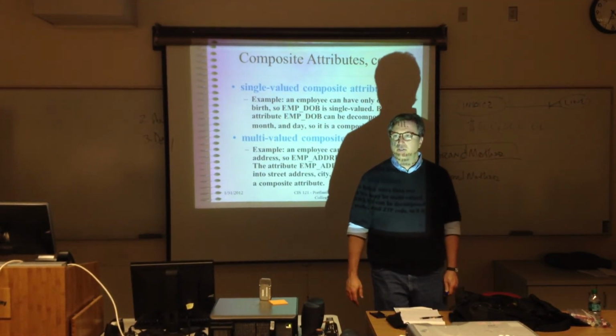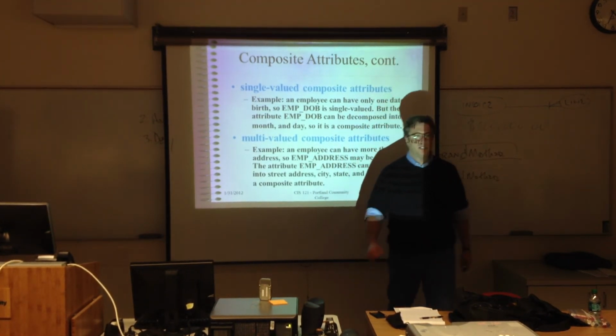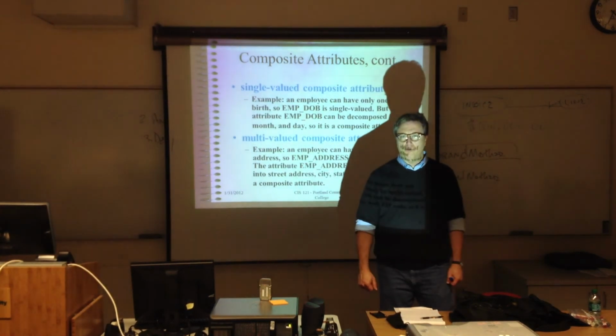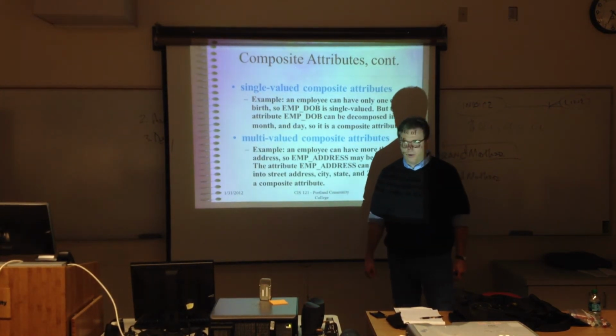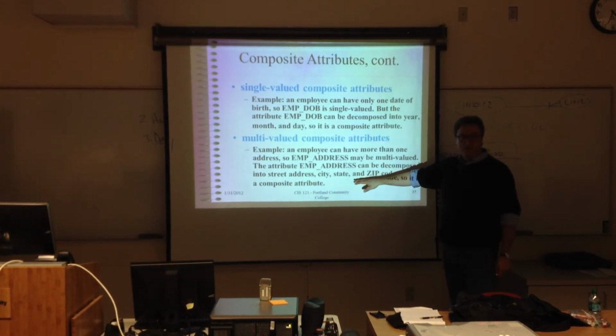And when you fill out some applications, they'll ask you for the last couple addresses so we can know whether you're a shiftless bum or whether you have roots in this community or whatever they're looking for. In which case, your employee address will have several values. Each one of those values will have several pieces.